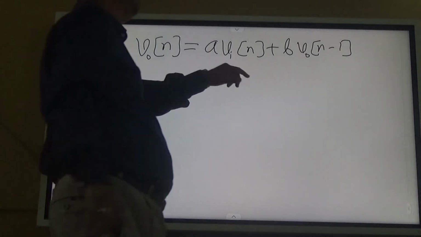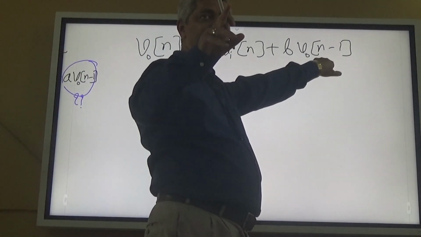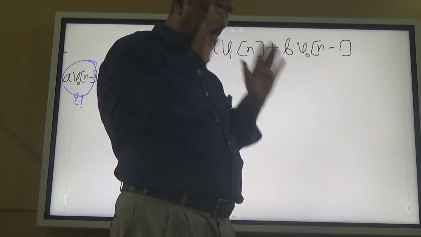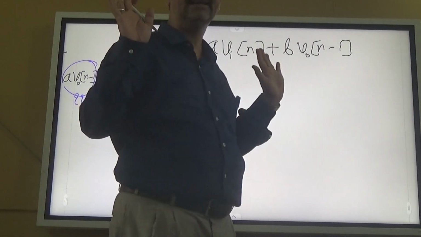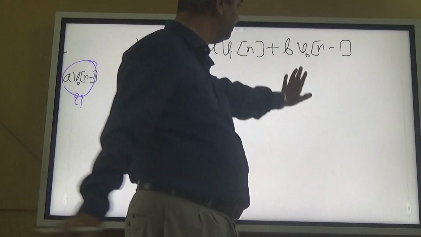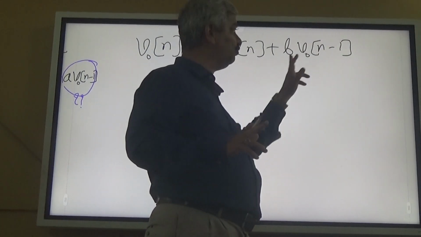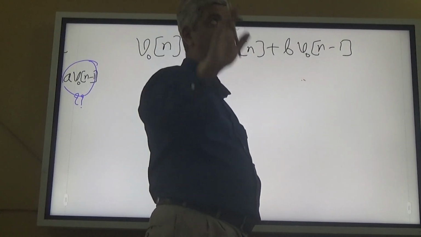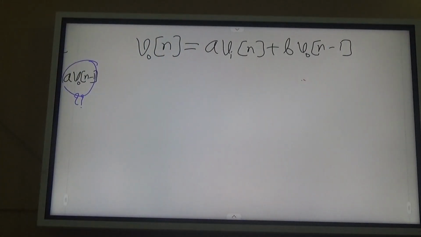So how will you do that? It means you should feel that you have solved the equation. You got my point? On the right hand side, I don't want anything that is previous output. I want to convert it into terms of previous input, that's alright. I am very much fine with that. So how can we proceed for that?